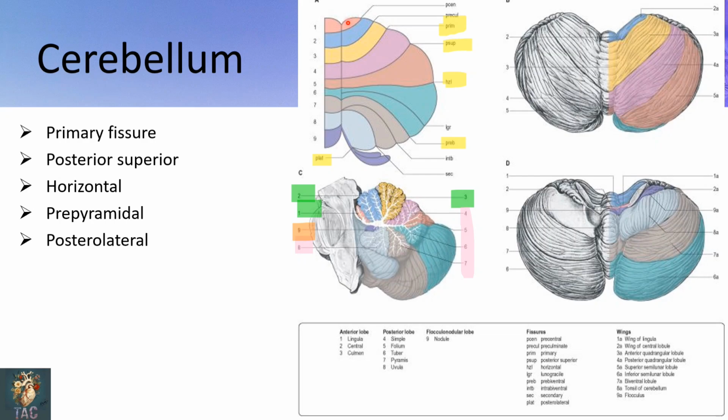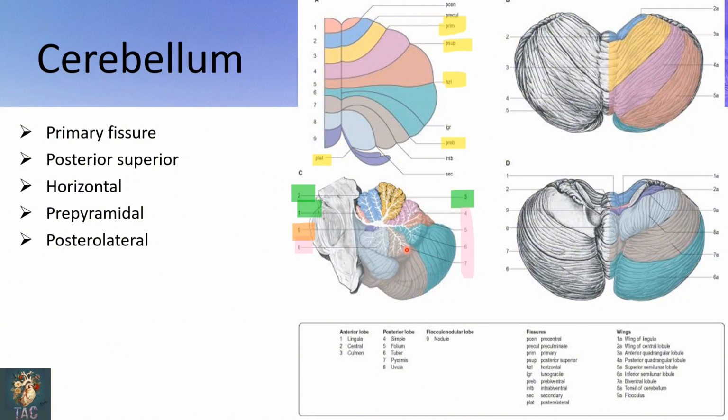Again I repeat, this one is the lingula, then this one is the central, and then this one is the culmen. Similarly here, this smaller one is the lingula, this in blue color is the central, and this is the culmen. Then is the primary fissure, which separates the culmen from the simple lobule. The simple lobule is part of the posterior lobe, and next to the simple lobule is the folium, and then is the tuber in the green color.